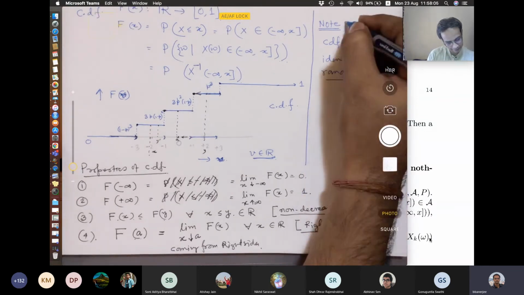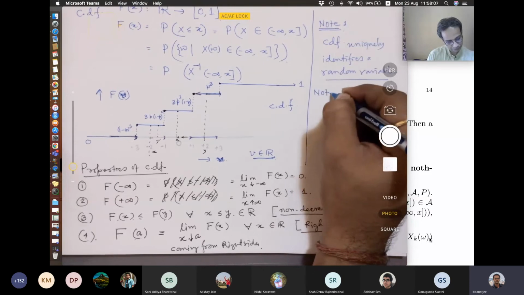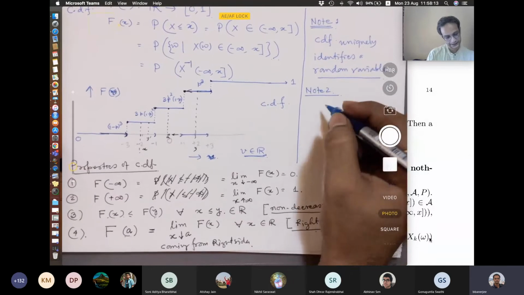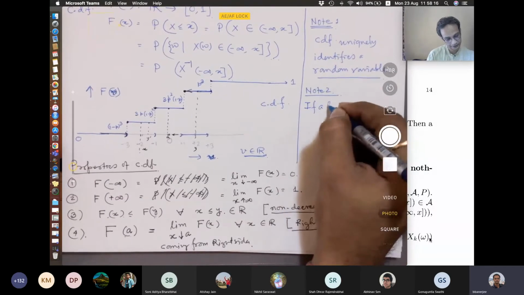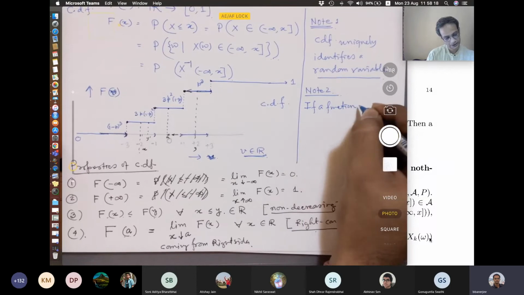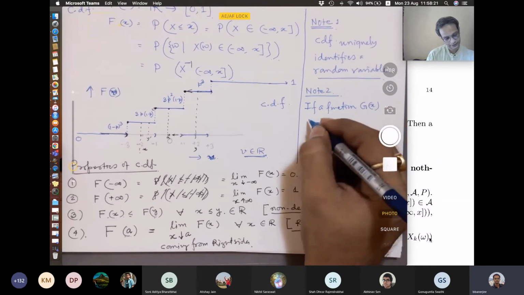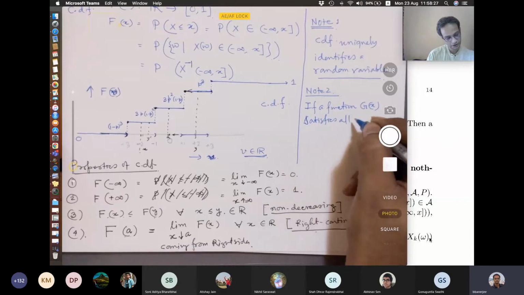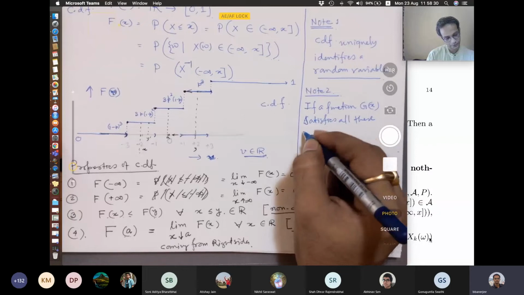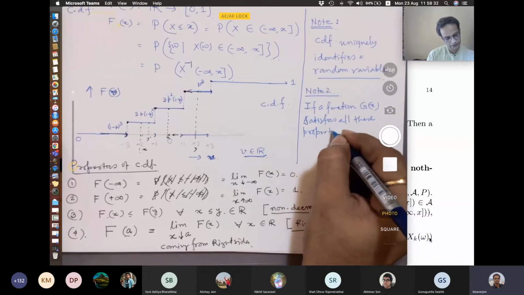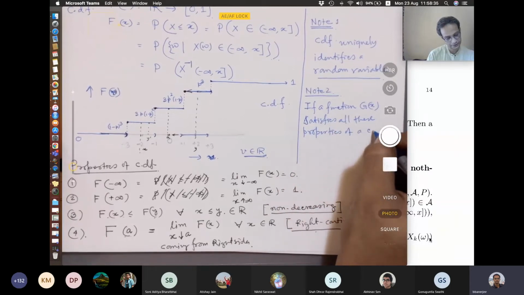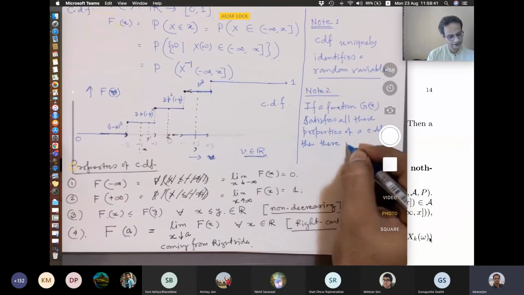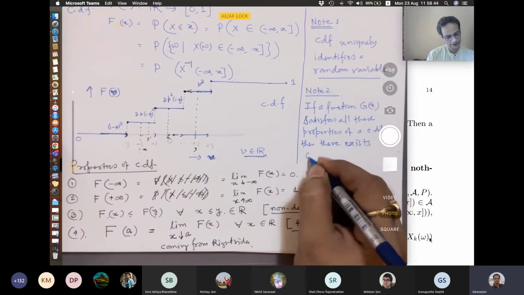Now another note, this is beyond the scope of proof: if a function G(x) satisfies all these properties of a CDF, then there exists a random variable.